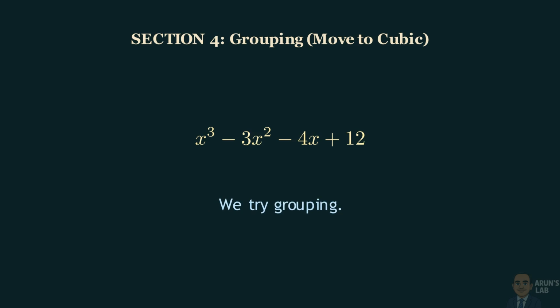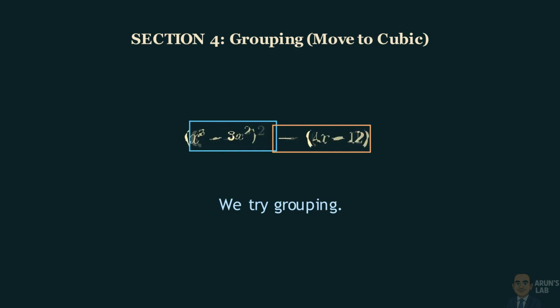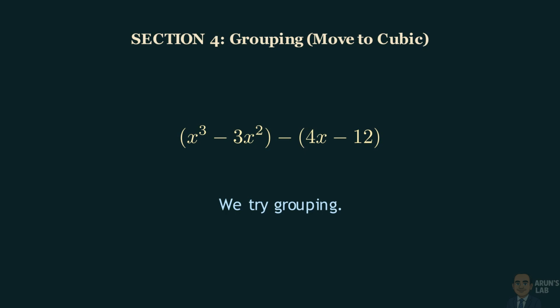The group: x^3 and 3x^2. We can consider it as the first group because we can take out x^2 from each term. And 4x and 12. Here 4 is a common factor. We can take 4 out. So we can group like this: (x^3 - 3x^2) - (4x - 12).